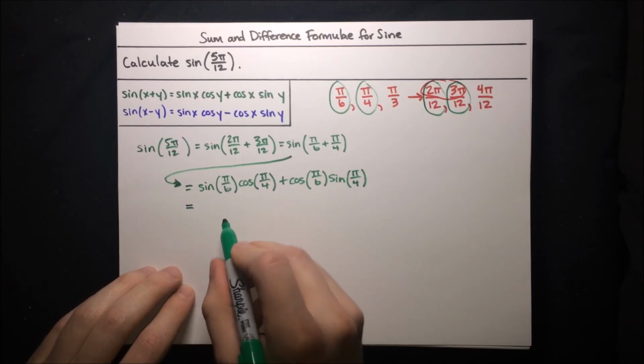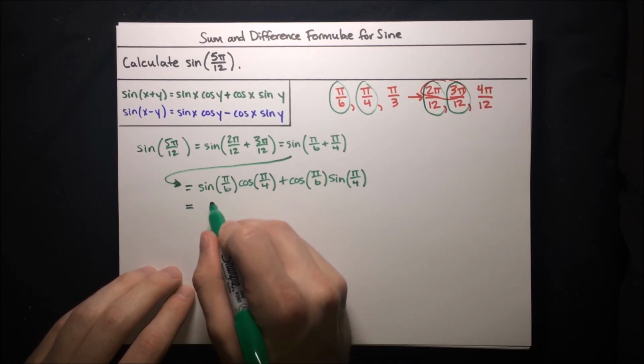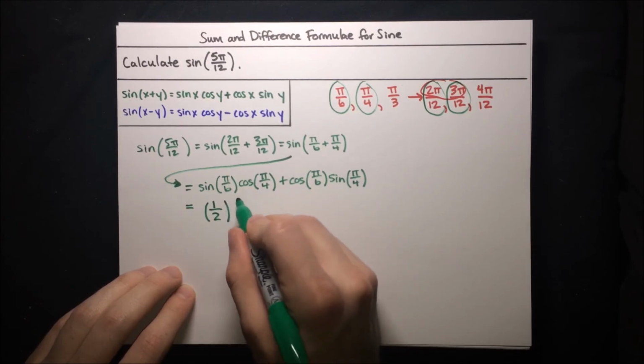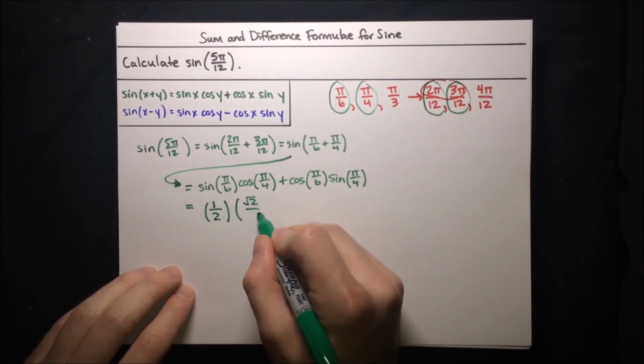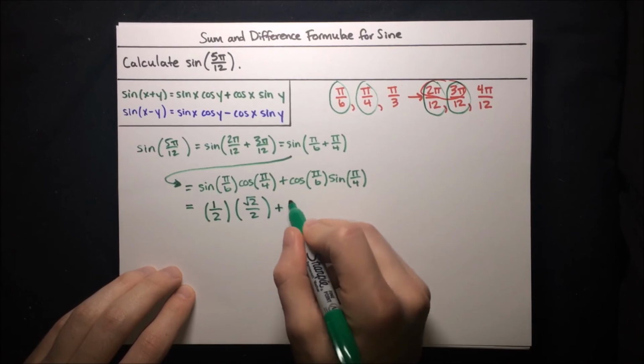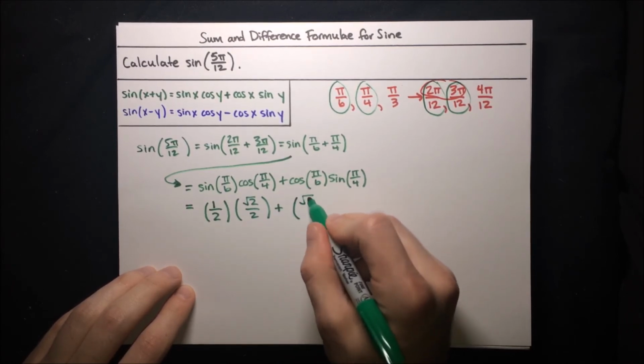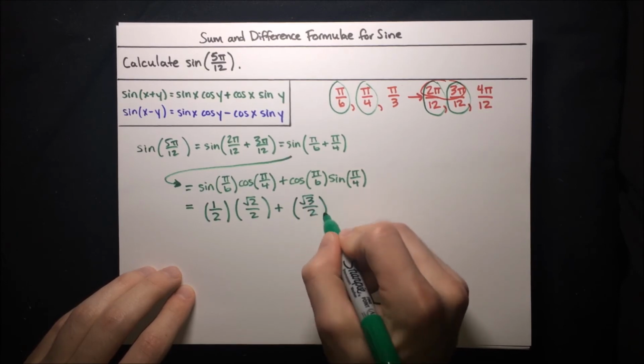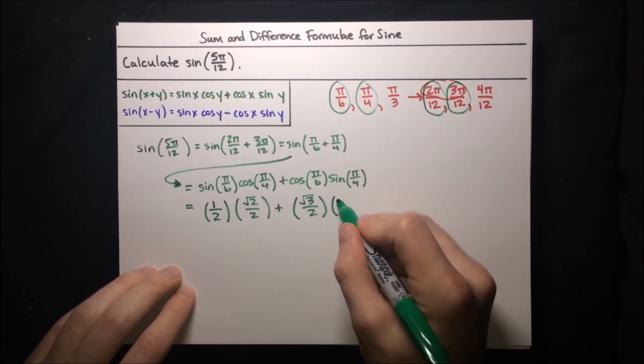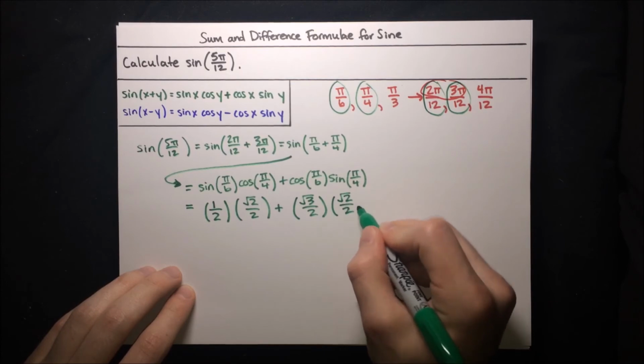So sine of pi over 6, that's the smallest sine, so just a half. Then cosine of pi over 4 is just root 2 over 2. And then plus cosine of pi over 6, that is the biggest cosine, so root 3 over 2, and then times sine of pi over 4, so times root 2 over 2.